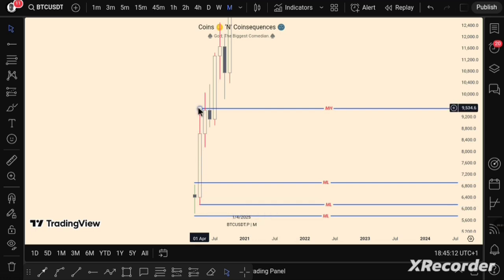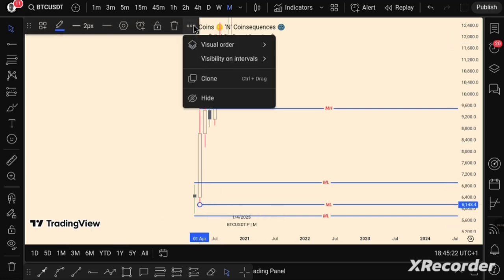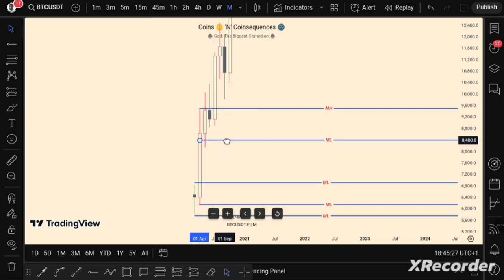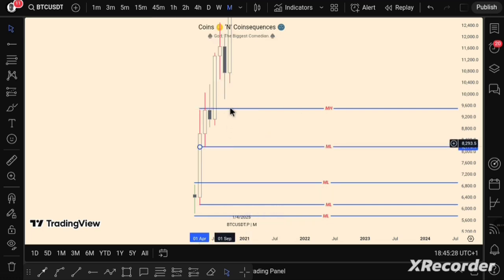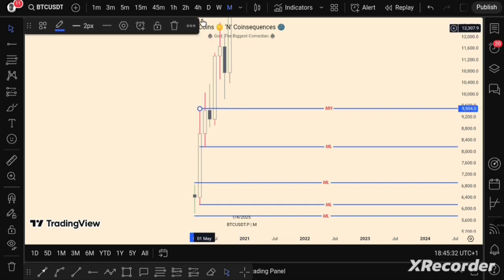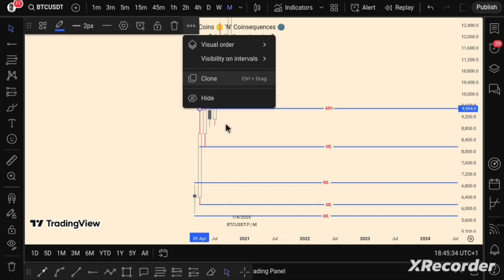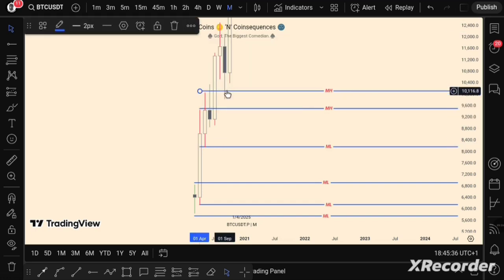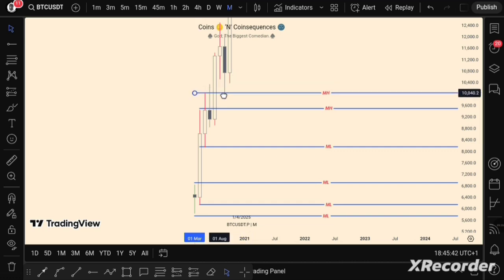So do we want to pick our next high and low? Yes, we want to. Then we have this low. Hold on, please. Okay, so we have this low and we have this high, and we have this high.